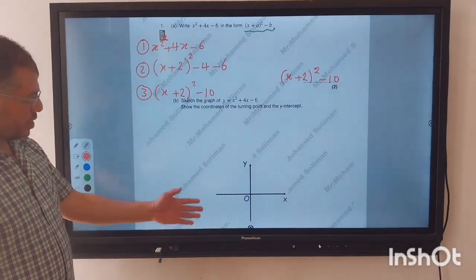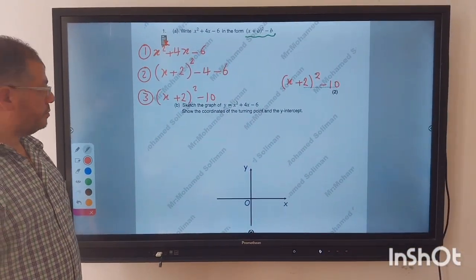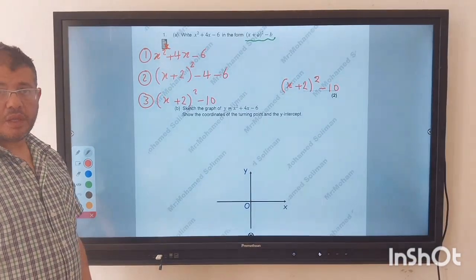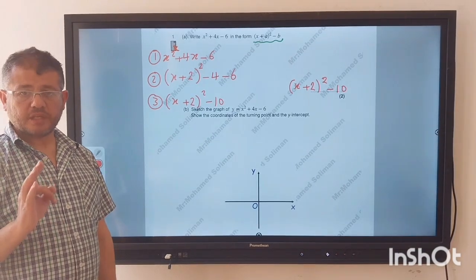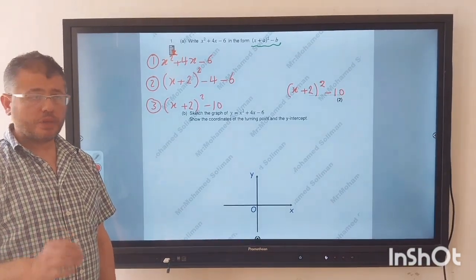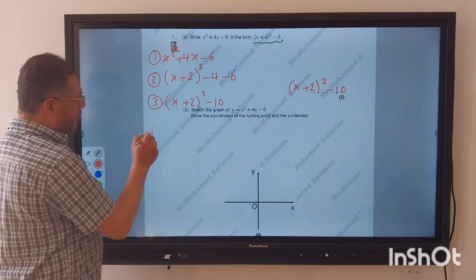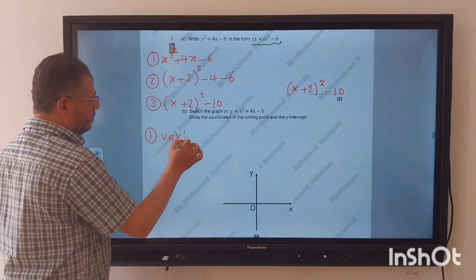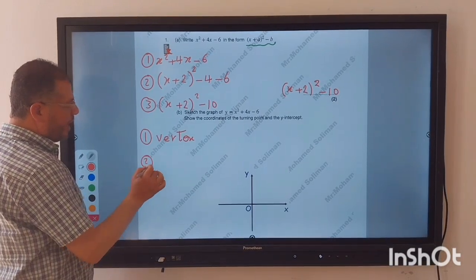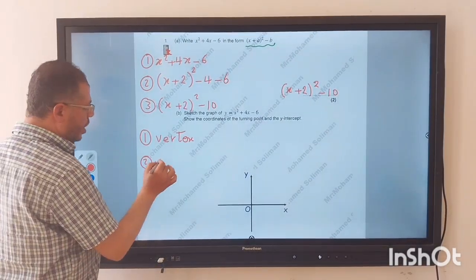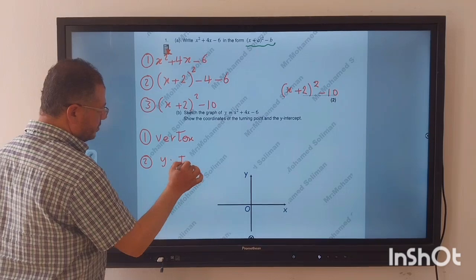Now we want to sketch our parabola. How can we sketch it? When you want to sketch the parabola, we have to set 3 things. You have to make sure about them. What is the first one? The first one, you have to set the vertex of the parabola. Second one, I have to set the y-intercept.